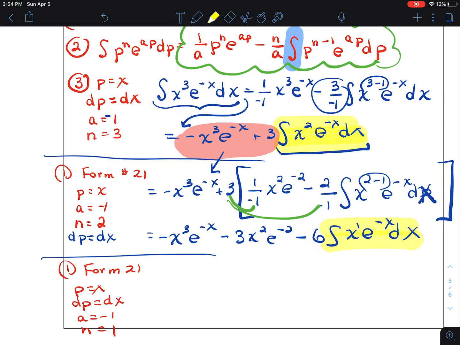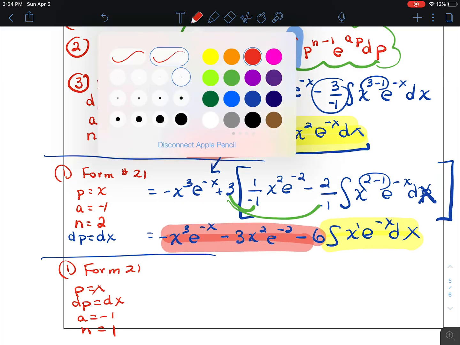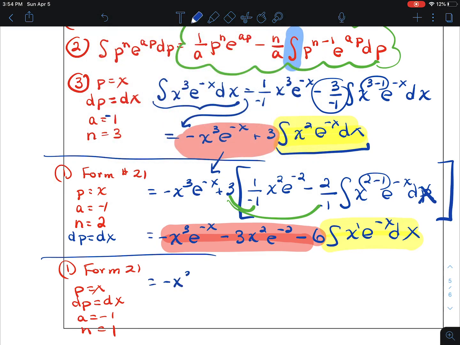All the stuff in front of what I highlighted in yellow stays; you keep copying that down in front here. When you hit what I highlighted in yellow, that's where you put a big set of brackets, and you apply all of the right side of formula 21 to what's in yellow there.